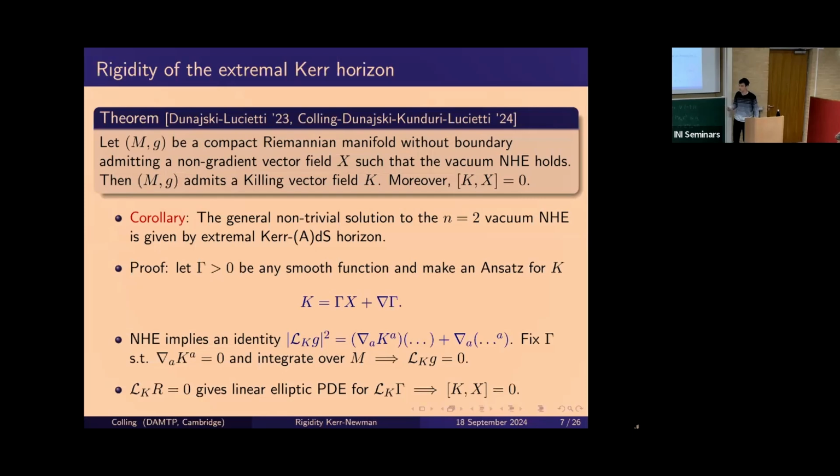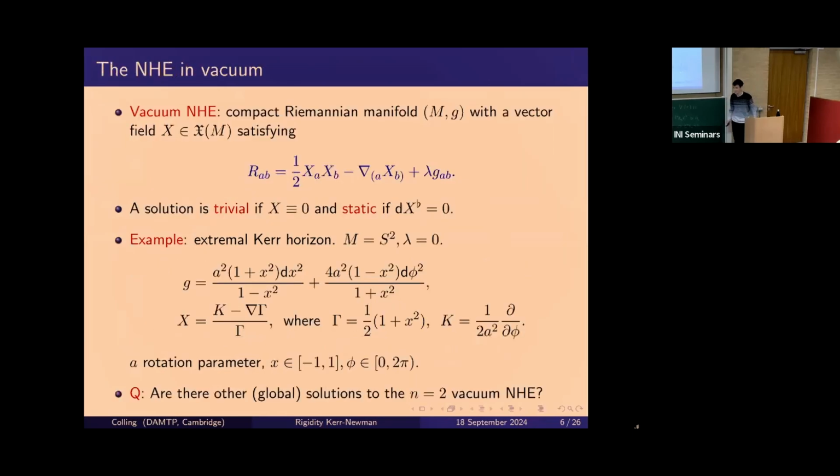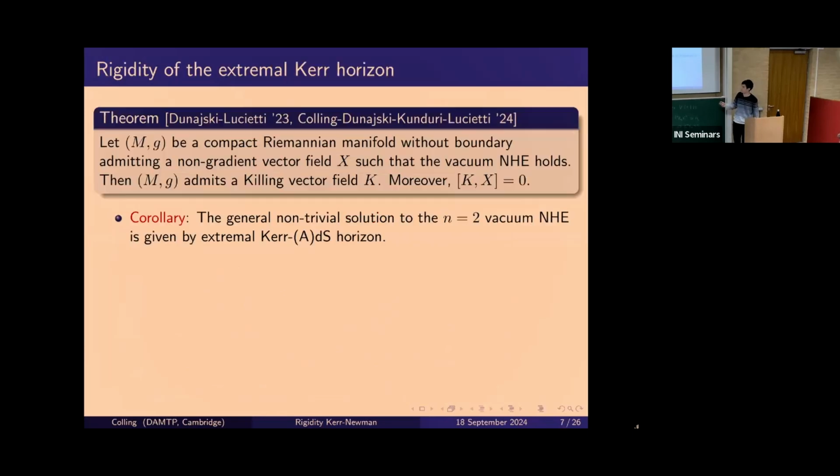X being non-zero is if the horizon is rotating; otherwise it is zero. I should have mentioned that, sorry. This is why there's the assumption that X is non-gradient, which is exactly what guarantees that K will be non-zero. So this is why we need to assume this.